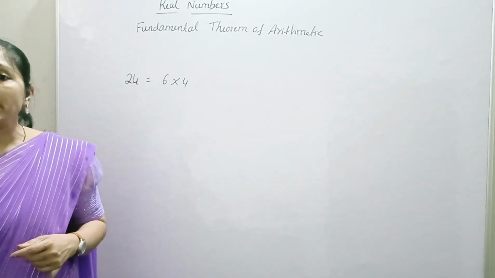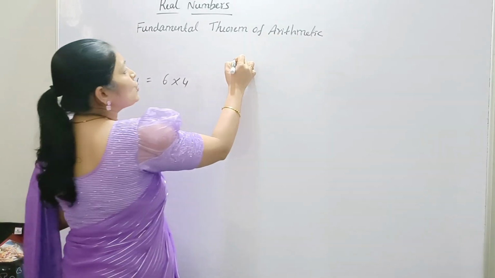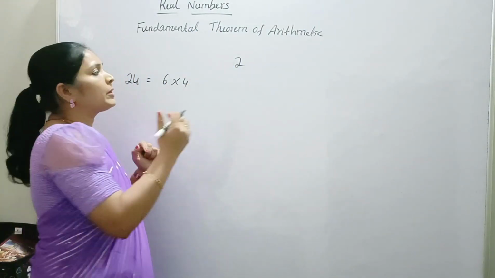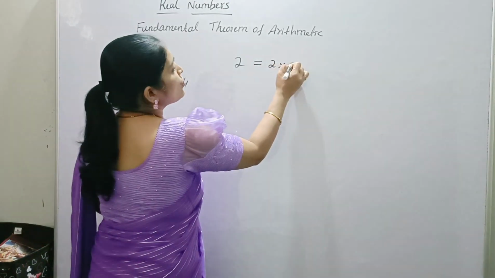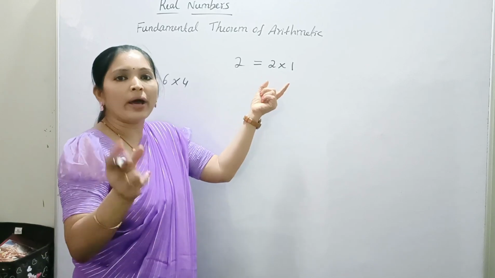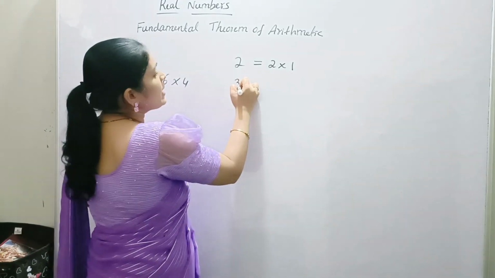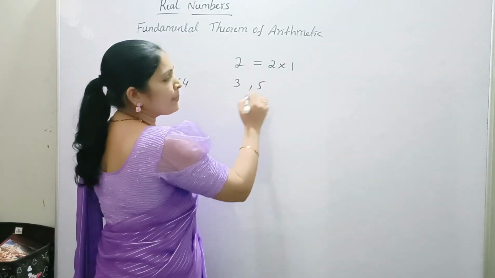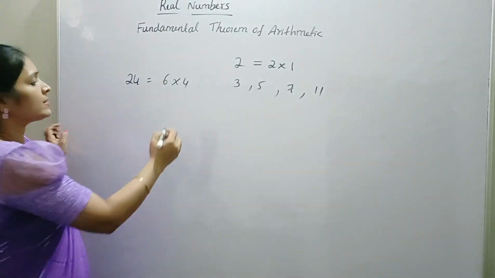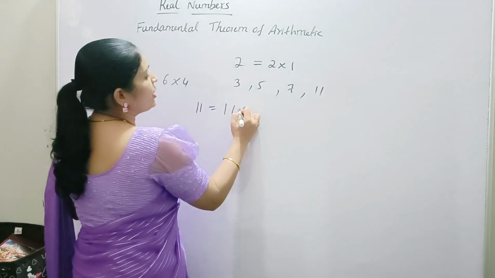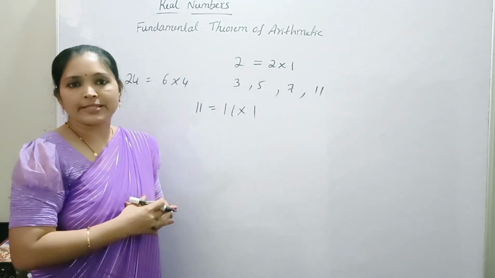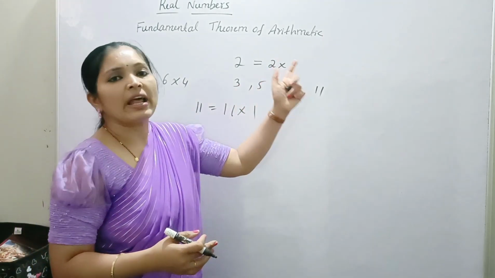What is the smallest prime number? 2 is the smallest prime number. 2 is a prime number because 2 can be written as only 2 into 1, that is, its factors are 1 and itself. 3 is a prime number, 5 is a prime number, 7, 11. Because 11 can be written as 11 into 1, so the factors of 11 are 1 and itself. So 3, 5, 7, 11, etc. are prime numbers.